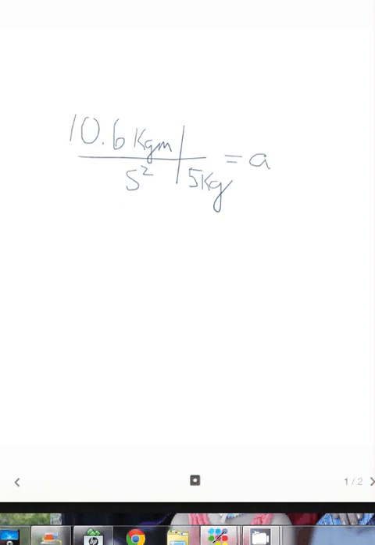That equals acceleration, and that works out to be 2.12, kilograms cancel out. There we go. 2.12 meters per second squared equals acceleration.